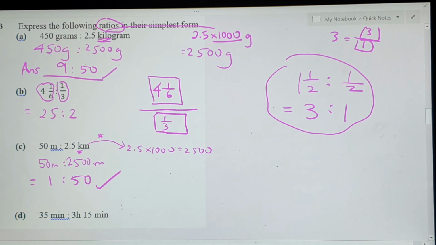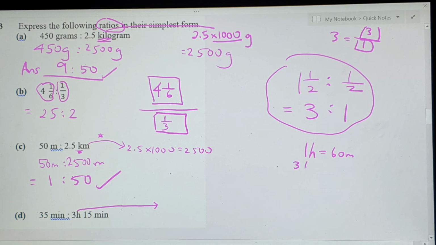Okay, lastly, the next one for this question, right? Minutes and then hours cannot, right? You must change all to minutes, right? Okay, now you must understand that 1 hour is 60 minutes, correct? Okay, so I write here, 1 hour is 60 minutes, right?